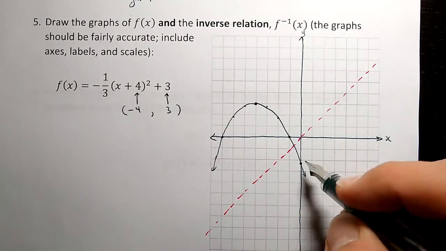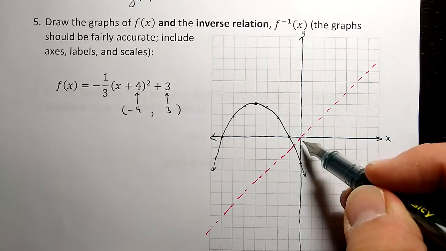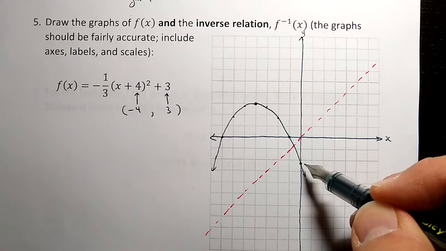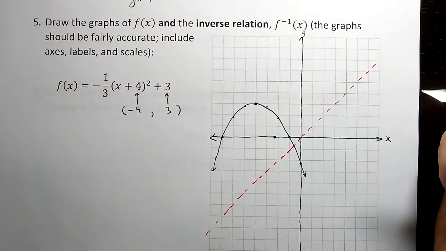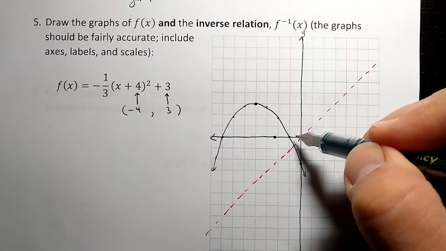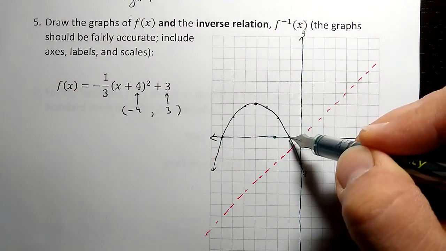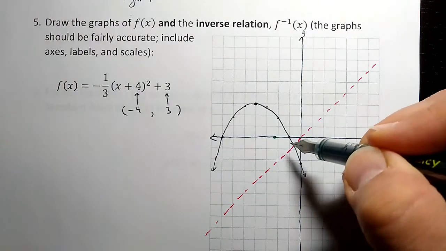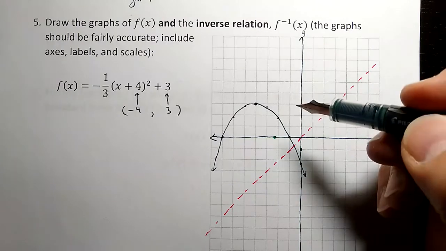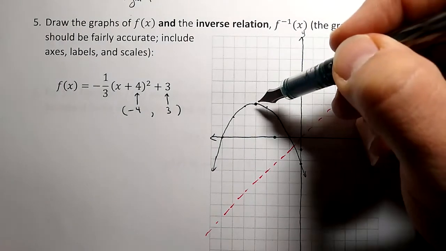So let's look at this point right here. This was 0, negative 2.33, and so instead we'll get negative 2.33 and 0, which is over here on this axis. This point was negative 1, 0, so instead we get 0, negative 1. And as we go, we're just going to plot enough of these points that you'll be able to see where things end up. Let's do the vertex.